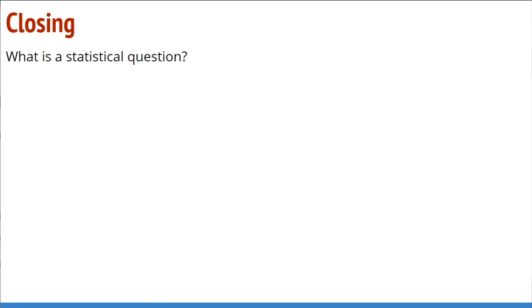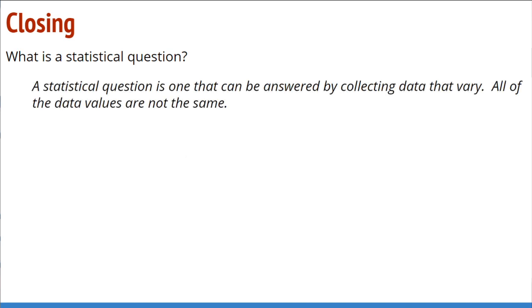So in closing, what is a statistical question? A statistical question has 2 parts. Number 1, I can answer it by collecting data. Number 2, I expect there to be variety within the data, meaning all of the data values are not going to be the same. I'm going to have a variety of answers.